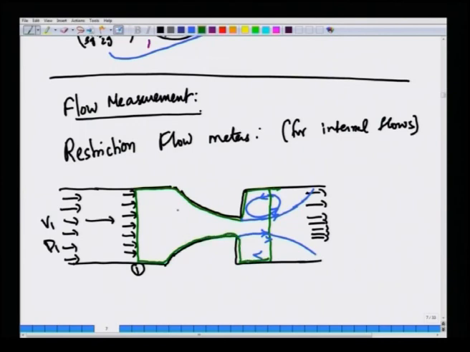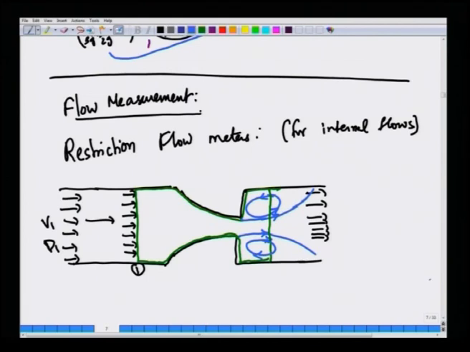So fluid is coming in like this, okay, far away it is uniform, and it is restricted deliberately by the flow meter. So here the velocity will increase, and because there is a sudden expansion, there will be some recirculating zones of fluid like this in the downstream of the contraction, okay, and the fluid eventually leaves. Okay.